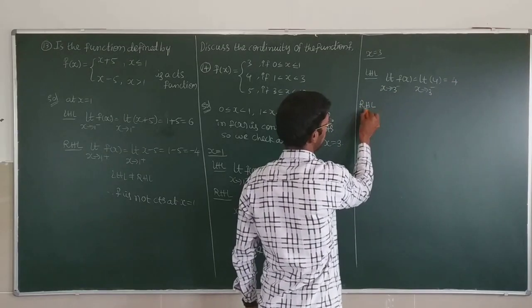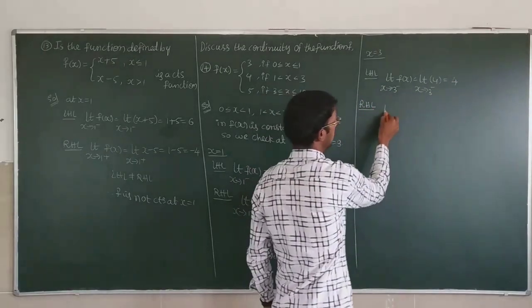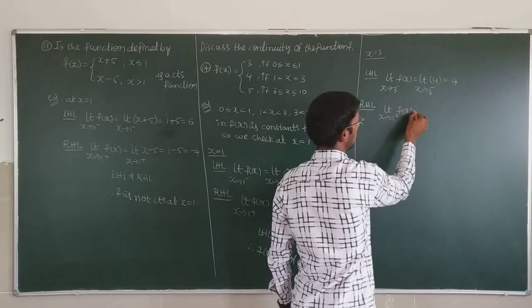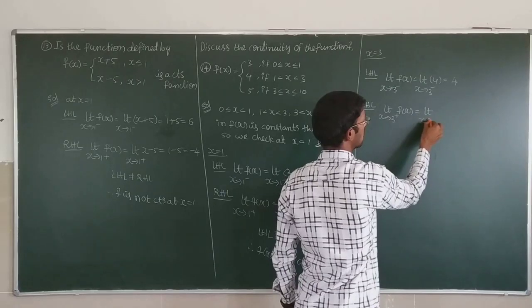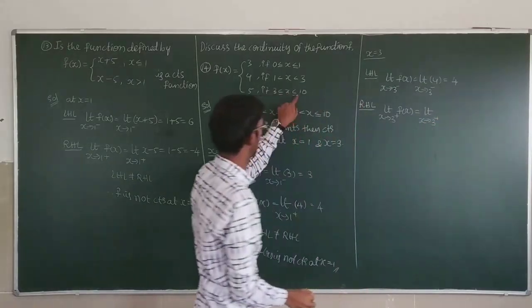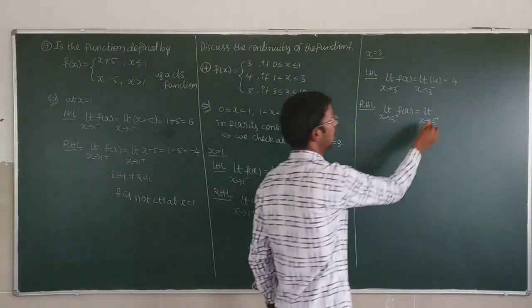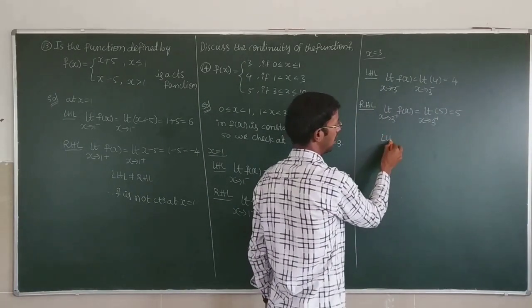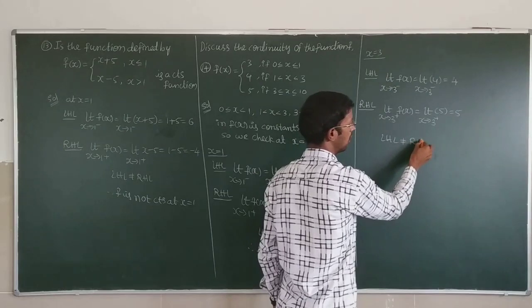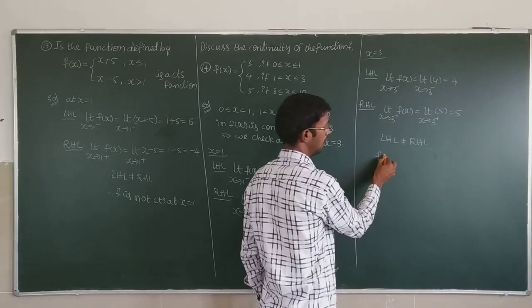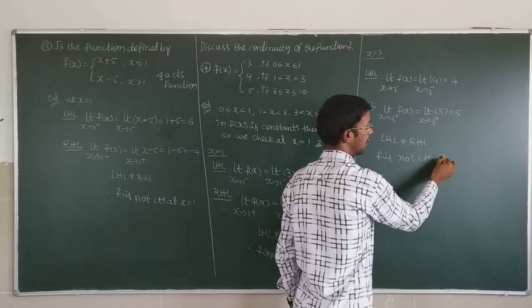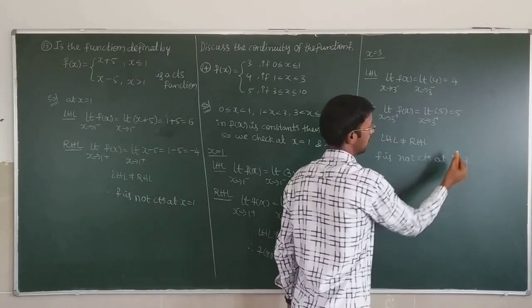RHL: limit x tends to 3 plus f of x is equal to limit x tends to 3 plus, greater than 3, is 5. So that is equal to 5. LHL not equal to RHL. f is not continuous at x is equal to 3.